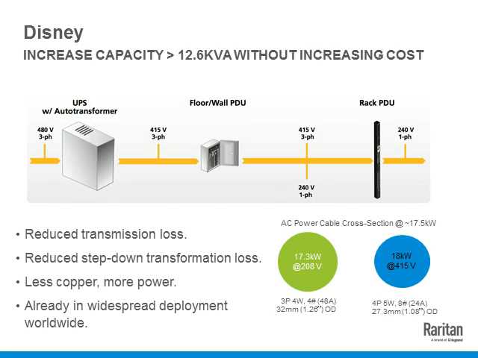So this is a proven technology that doesn't increase any risk on the customer side. So they were very happy to go with this and realize all the cost savings that 415 volts inherently brings you.